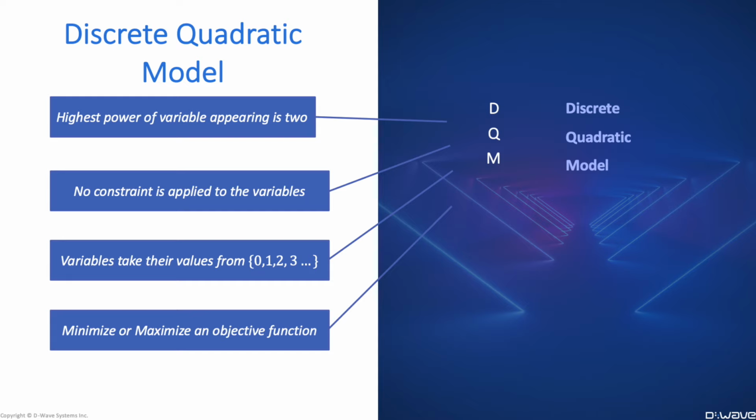But you can see that the third line is the key here. The variables are allowed to be non-binary, that is, some set, 0, 1, 2, 3, or 0, 1, 2, 3, 4, 5, etc. There's some set of values that they're allowed to take instead of just being binary.